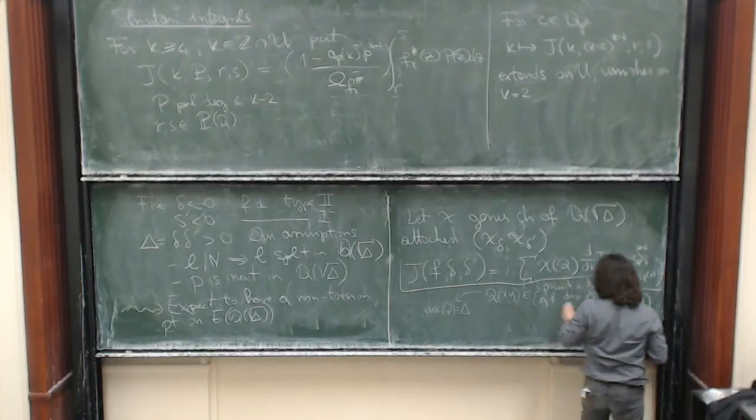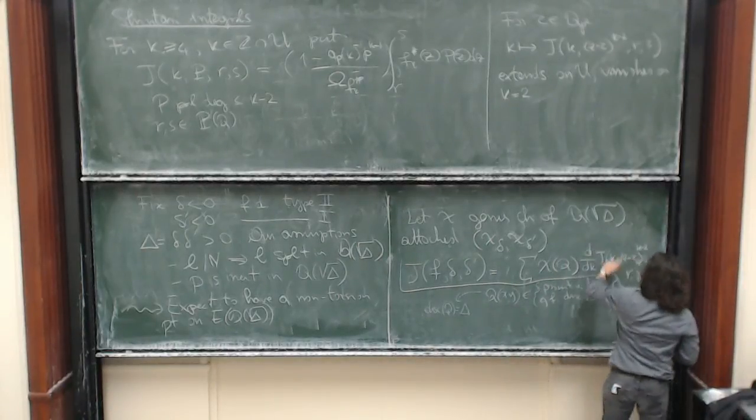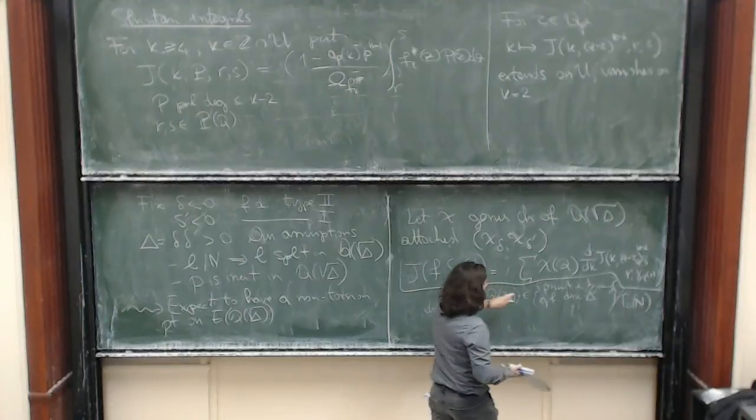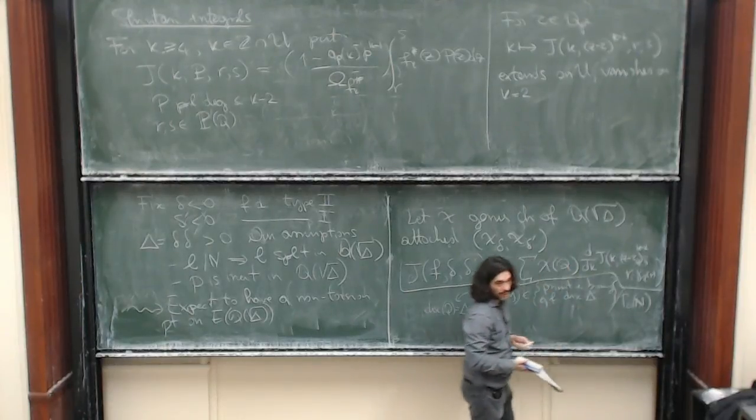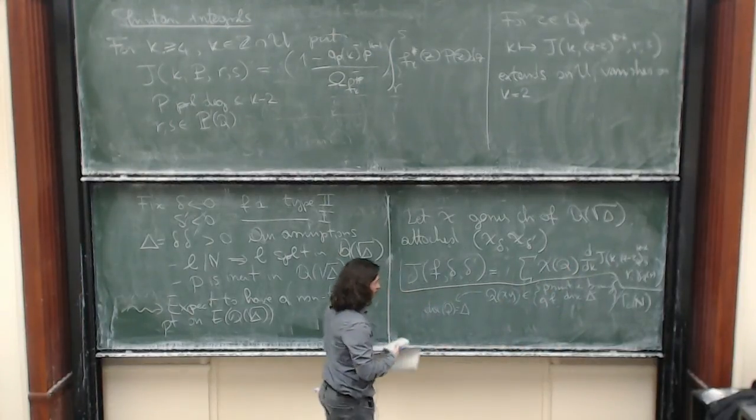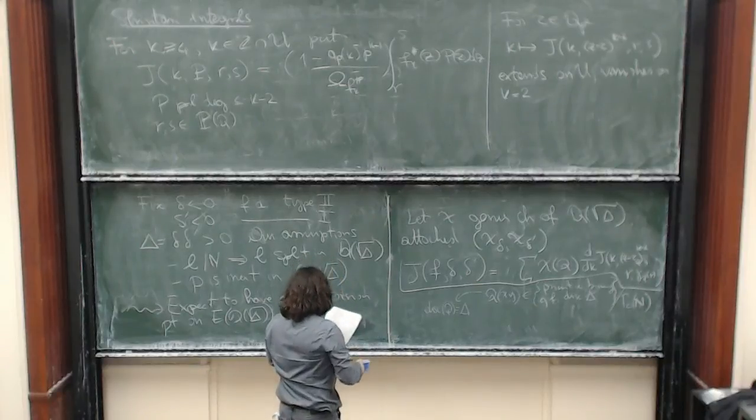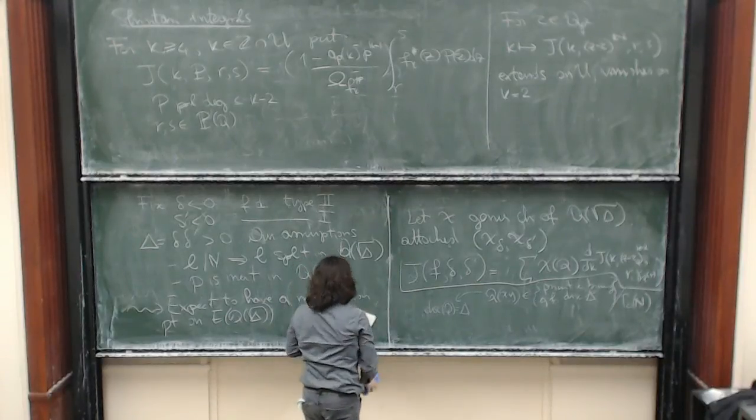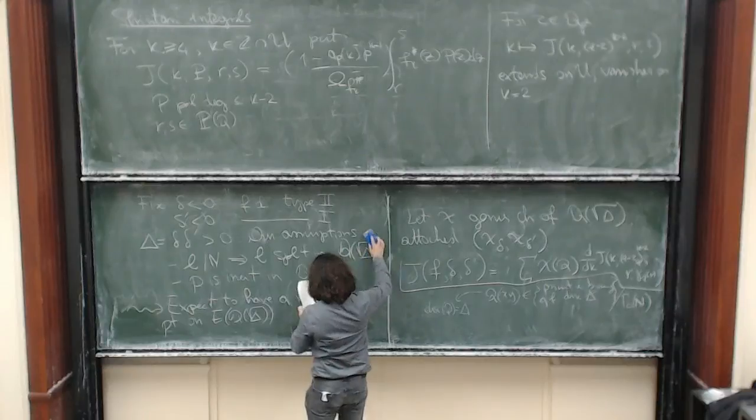And since P is inert in K, one can show that this tau Q belongs to the quadratic ramified extension of Q.